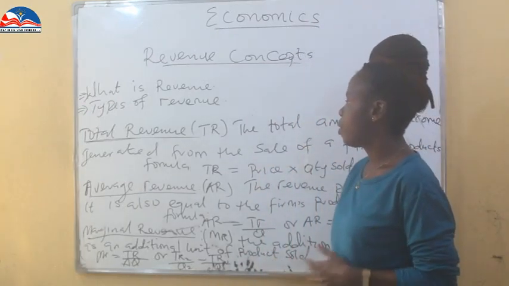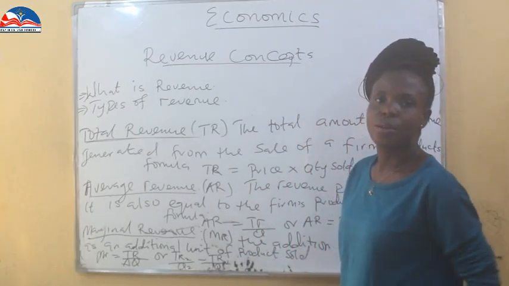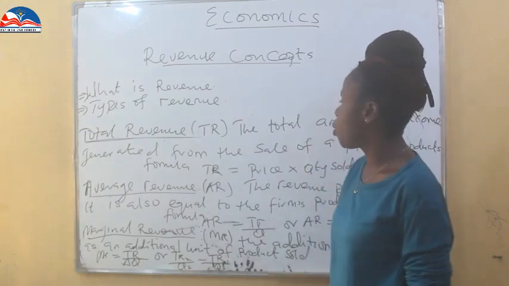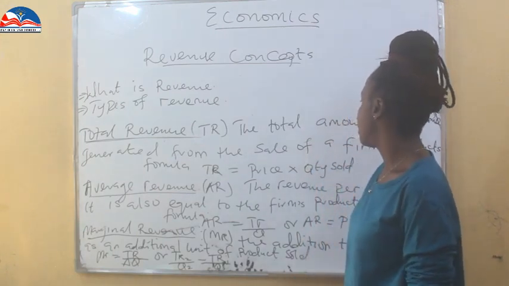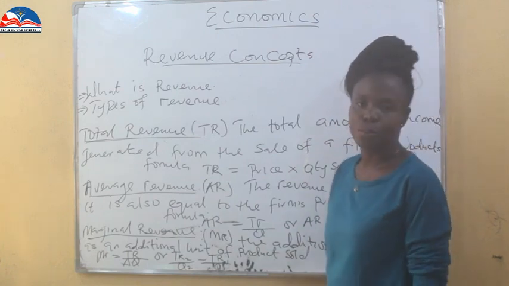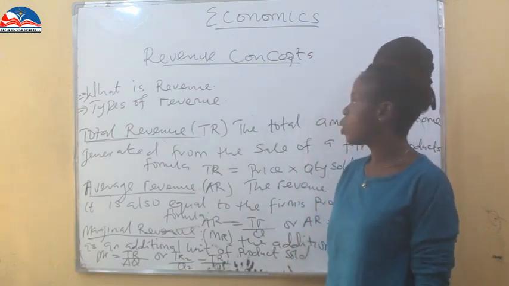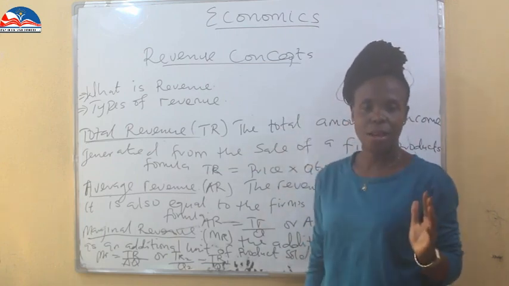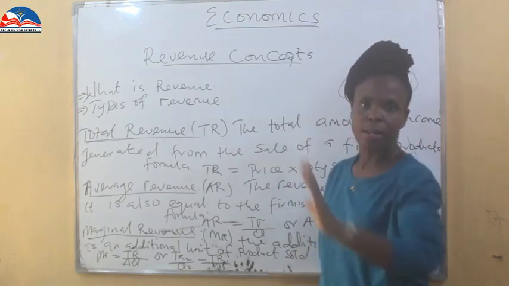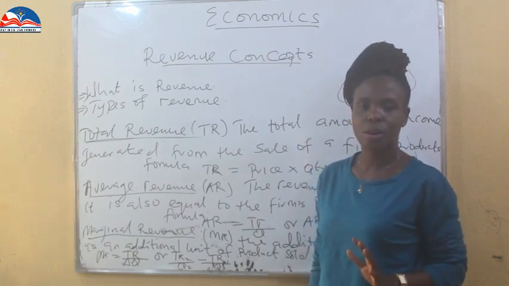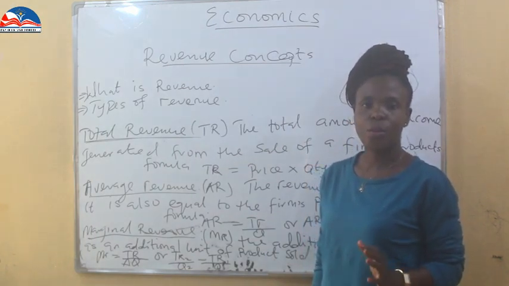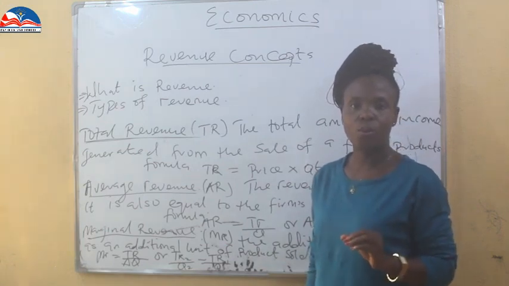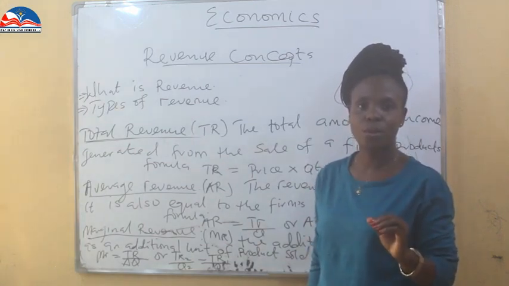So, the types of revenue. Total revenue, represented by TR, is the total amount of income generated from the sales of a firm's products. That is to say, total revenue is everything that the company produced and sold. If the company produces 1,000 products and sells all 1,000 products, that is their total revenue.